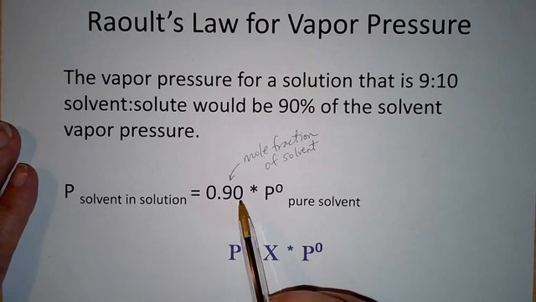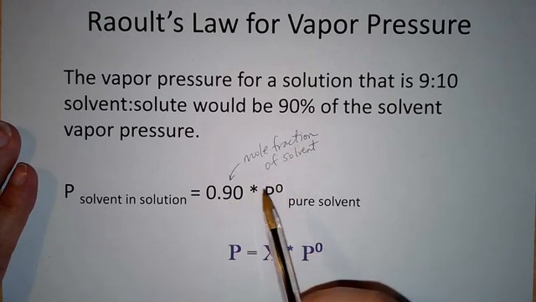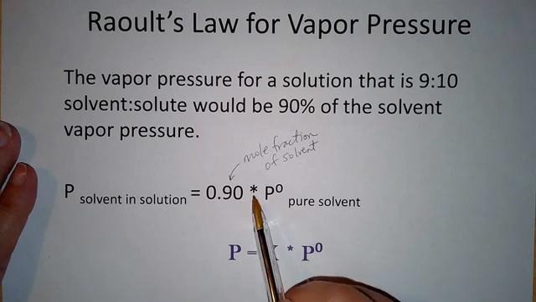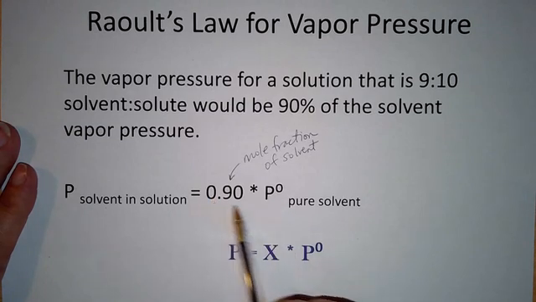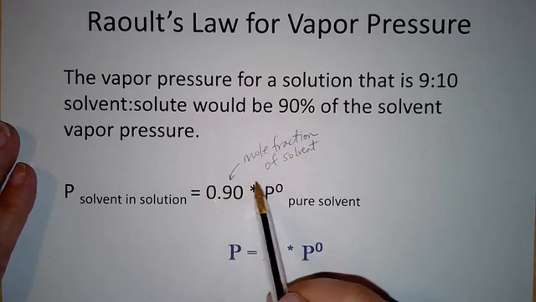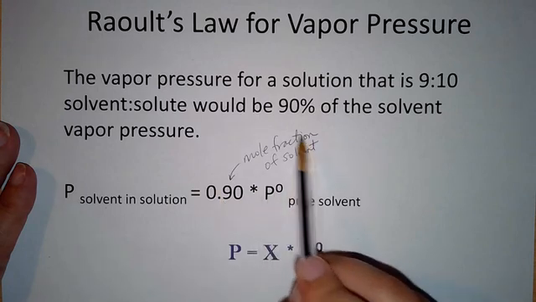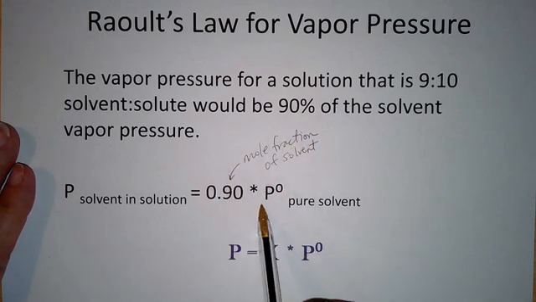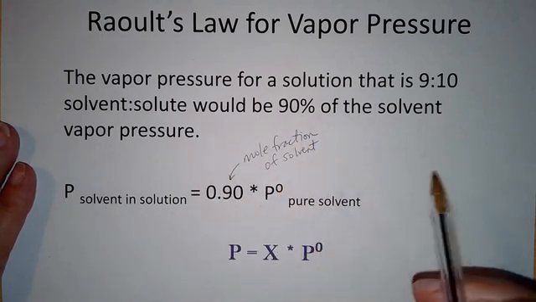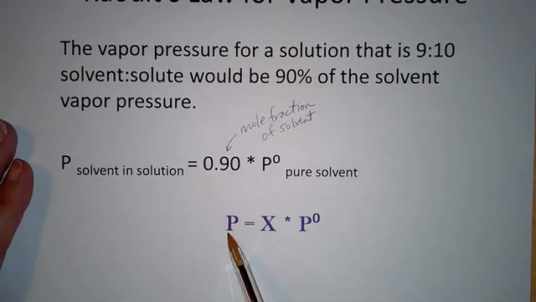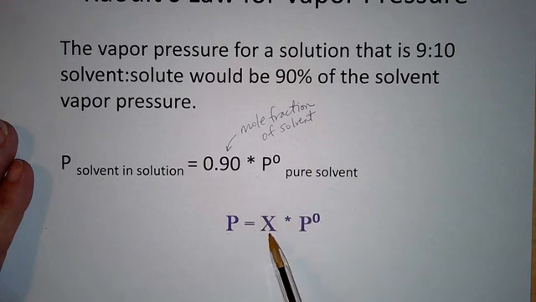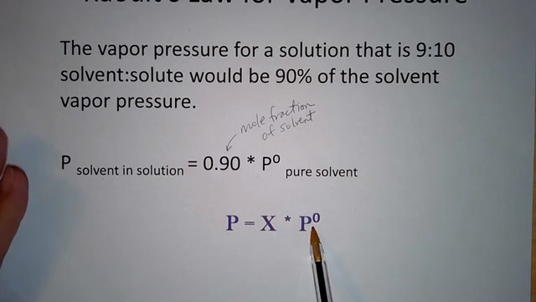So this is our mole fraction of 0.9 times the pressure of the solvent by itself. Really, the vapor pressure is lowering based on the mole fraction, which is our units of concentration. More simply written, vapor pressure is equal to mole fraction, giant X, times pure solvent pressure.